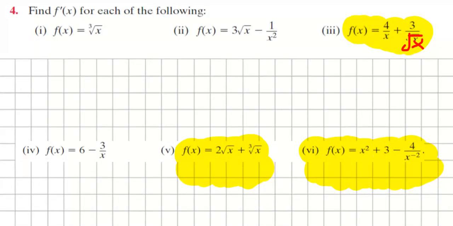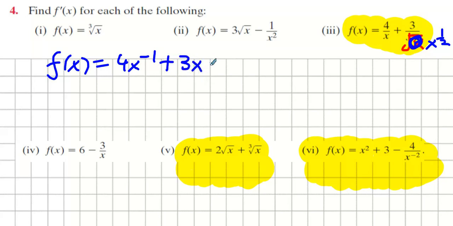The first one, you do a bit of prep work on it. Change 4 over x into what? Anybody? 4x minus 1. Change the root x on the bottom into x to the power of a half. And then you use the negative indice because you want to bring it to the top. Then we get 3x to the power minus a half.